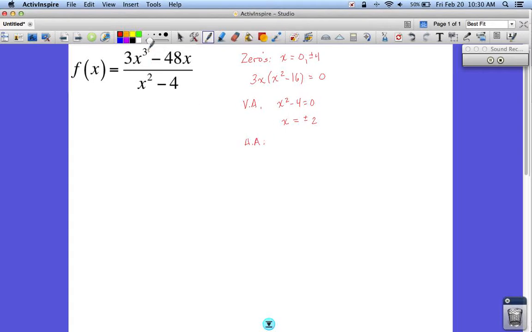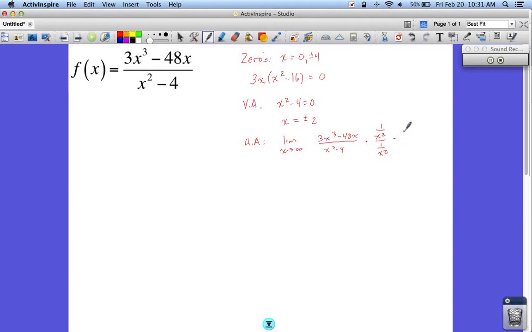Well, in this situation, the numerator is larger than the denominator. So if I think of the limit as x goes to infinity or negative infinity, I have 3x cubed minus 48x over x squared minus 4. So we'll multiply by 1 over x squared, a fancy form of 1.